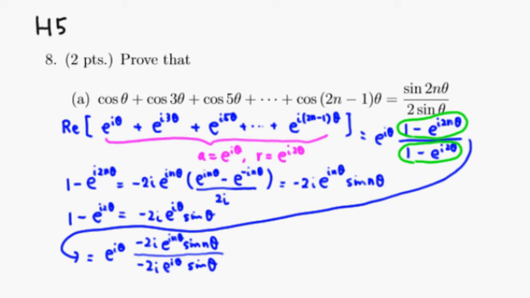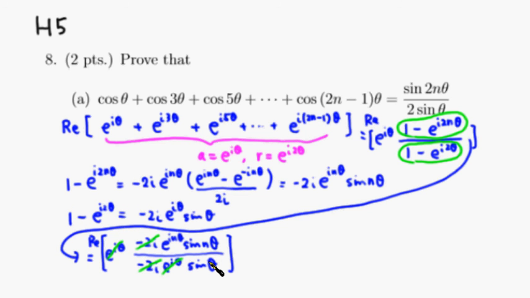Let's simplify. We can cancel e to the i theta here and there, and negative 2i here and there. Oh, I forgot to put the real part, sorry about that. This is still the real part of that expression.